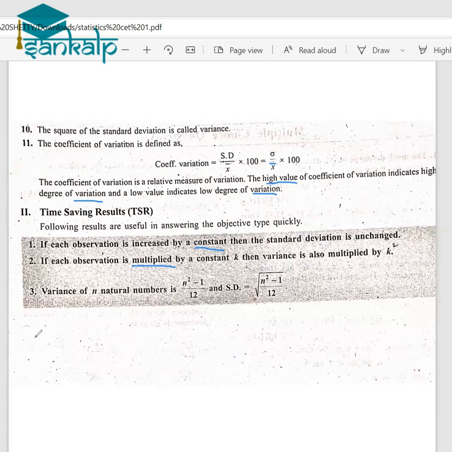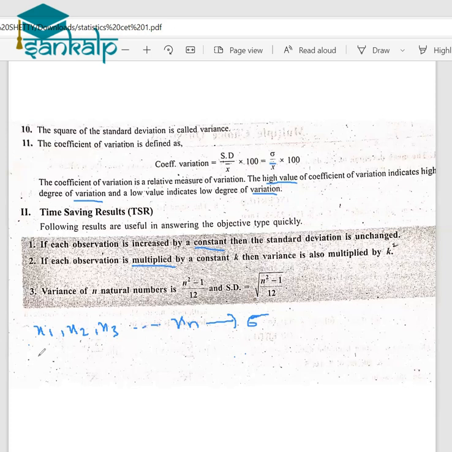The first result here, see, we are considering the scores as x1, x2, x3, up to xn. The SD for this given set of scores, we are considering it as sigma.